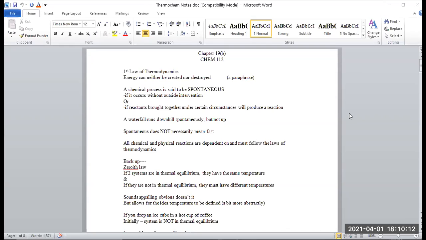Definitely not fast. You do have to follow the laws of thermo. Again, like I said, this is a chapter where there is a fairly hefty overlap between the things that govern chemistry and the things that govern physics in terms of how reactions and mechanisms occur.